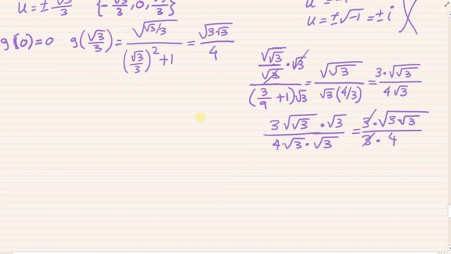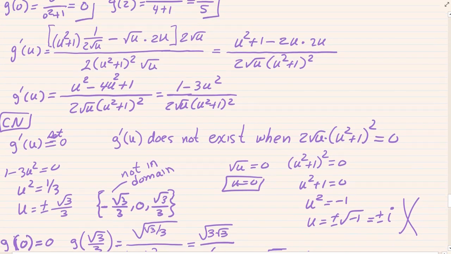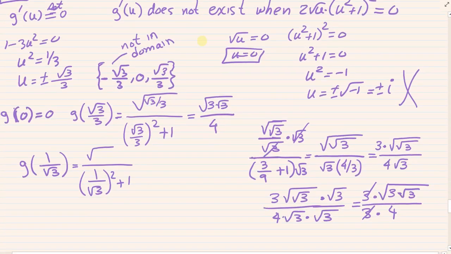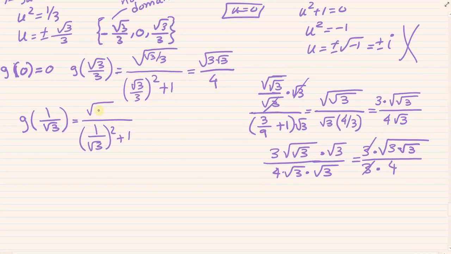And again, for g at root 3 over 3, let me try this one this way. If I have 1 over root 3, without rationalizing the denominator, it would have been easier. That's 1 over root 3 squared plus 1, and I have square root of u. So square root of 1 over root 3. That may have been easier to work this way. The denominator is 1/3 plus 1, 4/3.